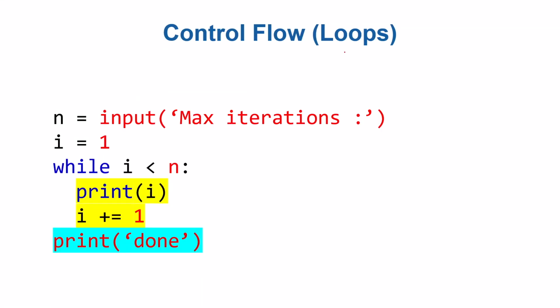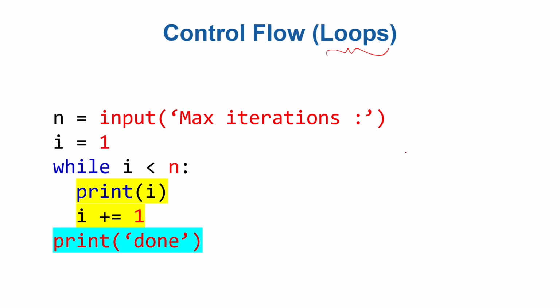The best way to understand loops is to think about a repetitive structure. Let me give you an example, and we will dive into this code in a while. Let's say the user gives you an integer number, and you want to print all the numbers till that number. You start from 1 and keep moving and printing all the numbers until you reach that number.